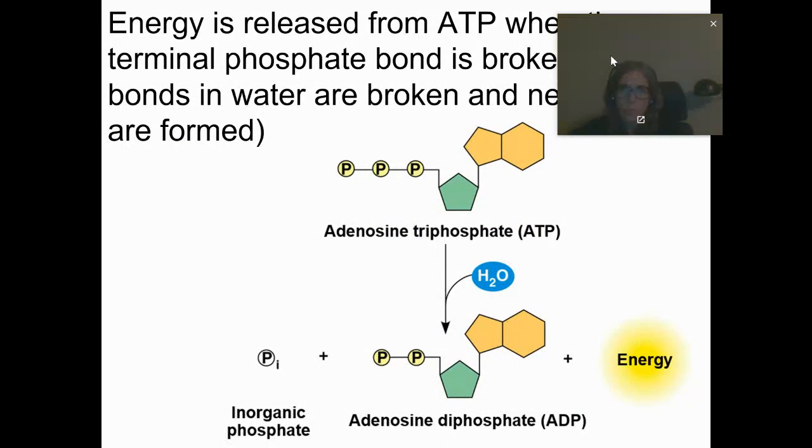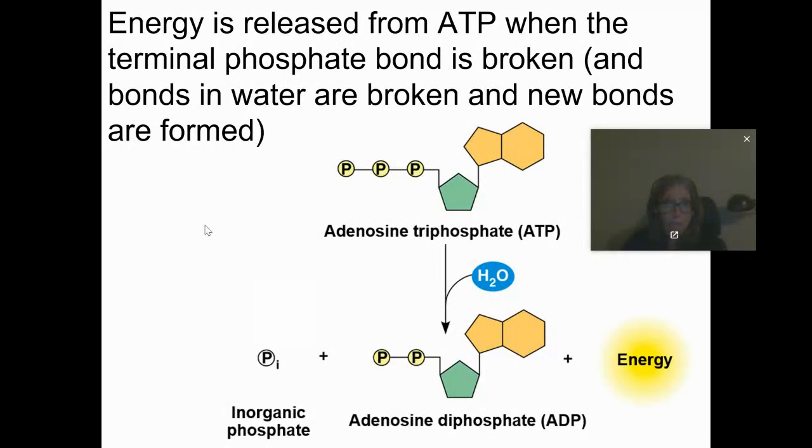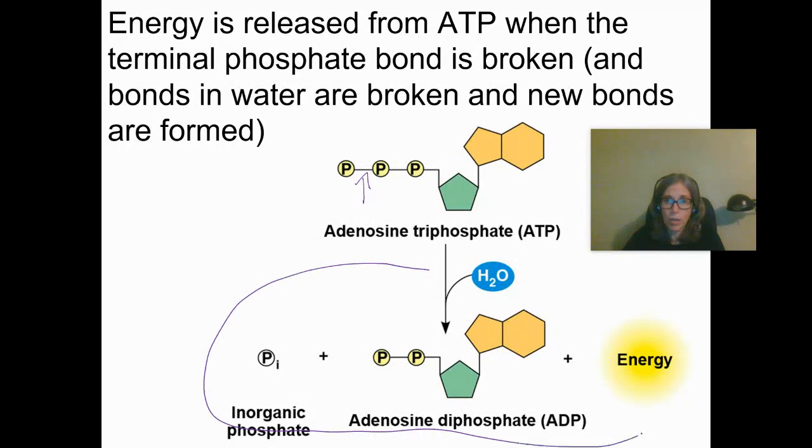So energy is released from ATP when the terminal, meaning the last, phosphate bond is broken, and bonds in water are broken, and you form new bonds. So what you're doing is breaking this bond right here. And breaking bonds actually requires energy, but when you also break water and then put an OH on one side and H on the other side, all of those making bonds and breaking bonds together is making ADP, which has a lower amount of energy.